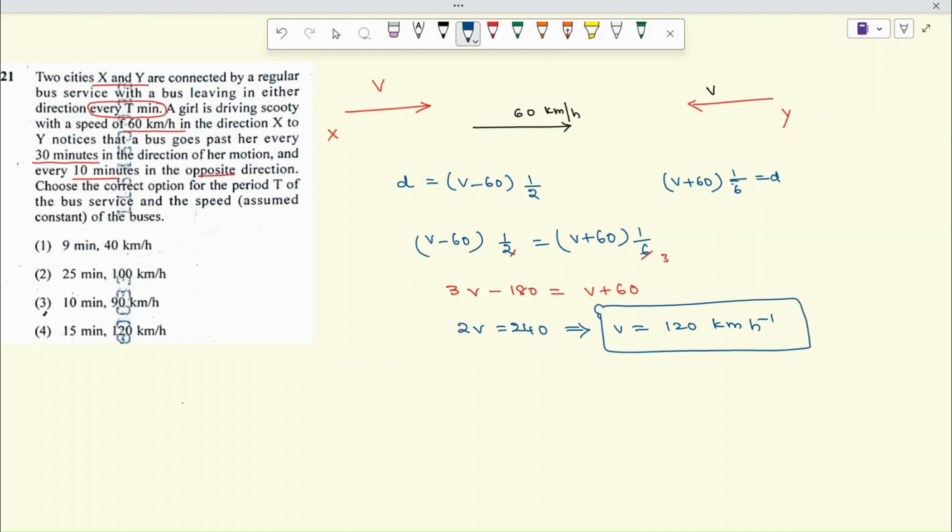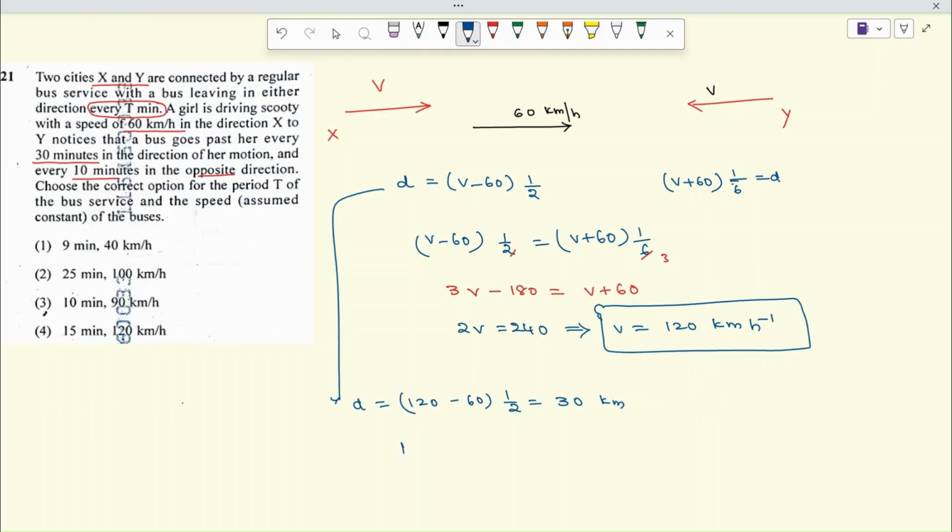And still there is another part of the question. They are asking the time period between the two buses. Now let's say that d is v minus 60 into 1 by 2, as we wrote. D equals v, which is 120 minus 60, into half an hour, which will be 30 kilometers.